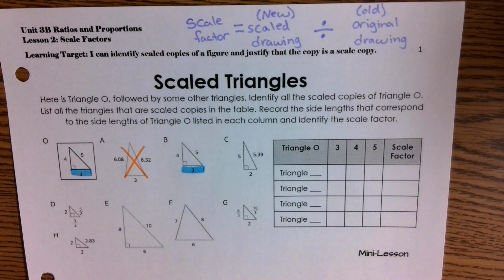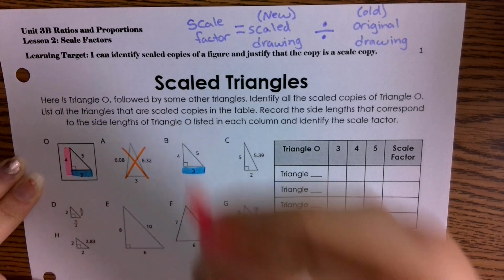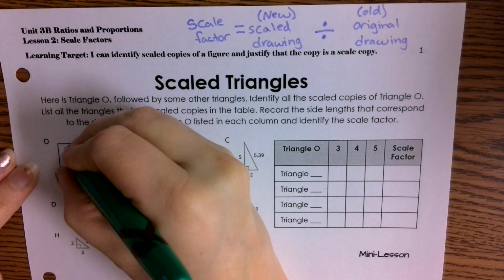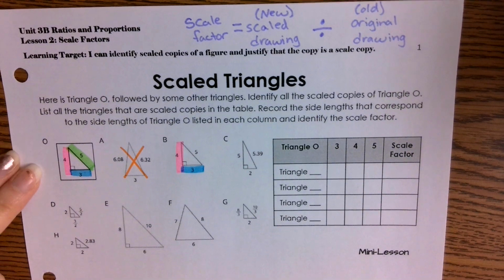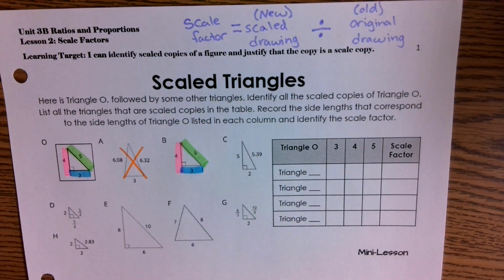I've got my height. I'm going to highlight it in pink, and this height is going to highlight in pink. And then we've got our hypotenuse. I'm going to highlight that 5 in green and highlight this one in green.